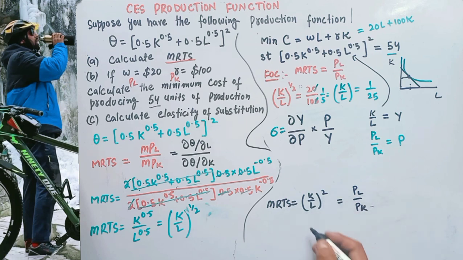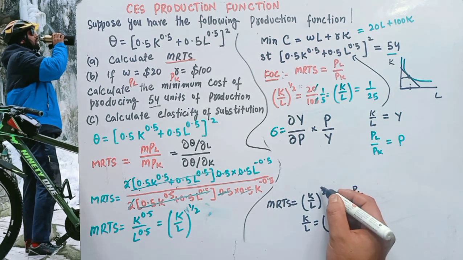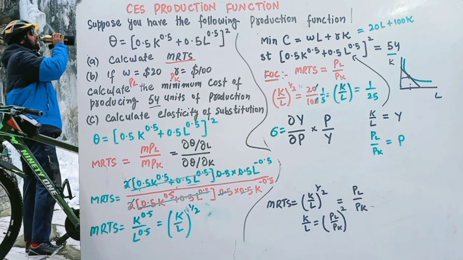Okay, if I transpose it here, that means K upon L should be equal to PL upon PK square. Okay, it is 1 upon 2 here. Our MRTS came out to be, am I making sense here or not? Let me repeat it again for the sake of convenience.